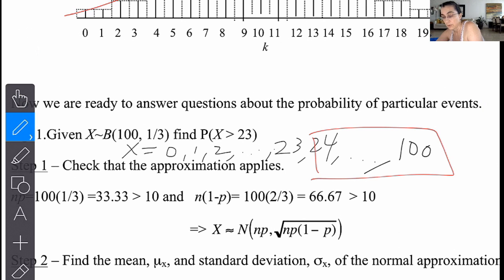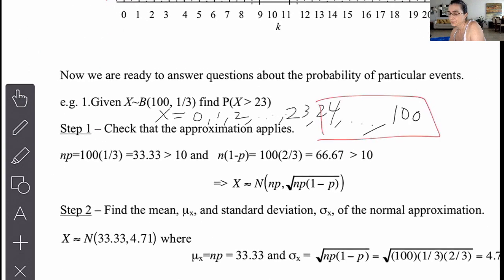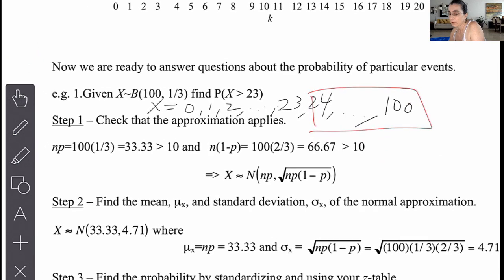In the absence of those, or if it didn't matter that we were so precise, we could do it this way. First, we have to check that we can actually assume that the distribution is symmetric. So we take n times p, and we check, is it bigger than 10?